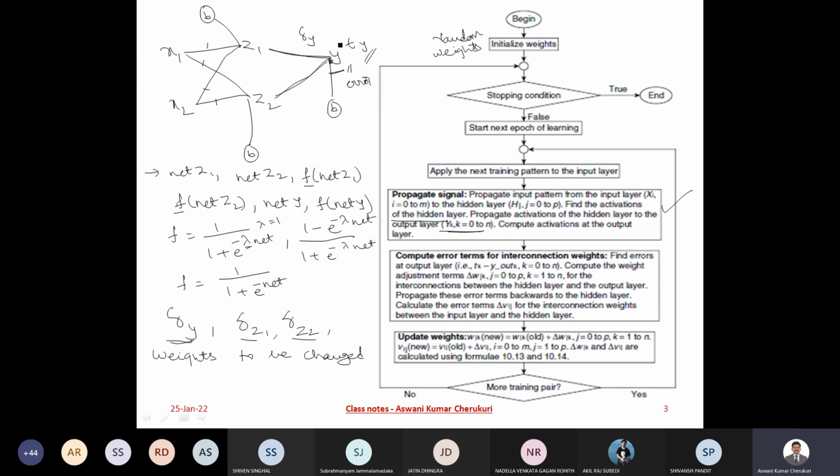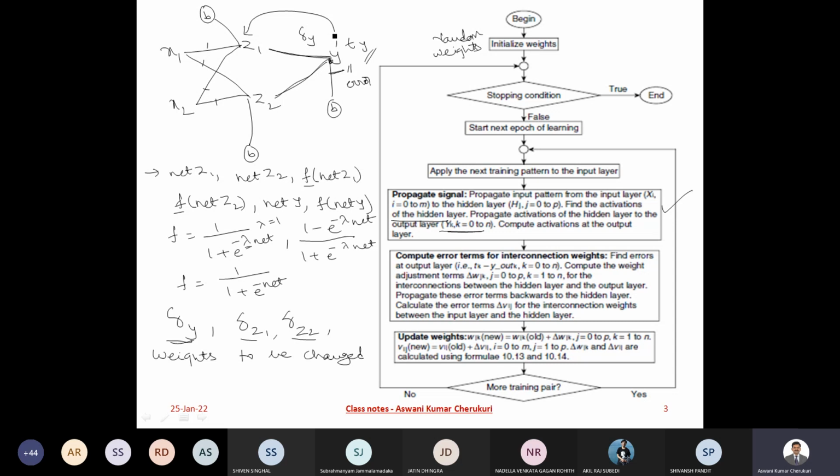Now remember that del y gets propagated. What is meant by backpropagation? The error gets propagated back to the hidden nodes. As I said a few minutes back, when it is getting propagated, we multiply the error term with the corresponding connection weight.